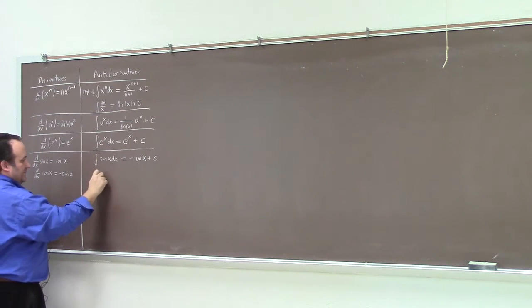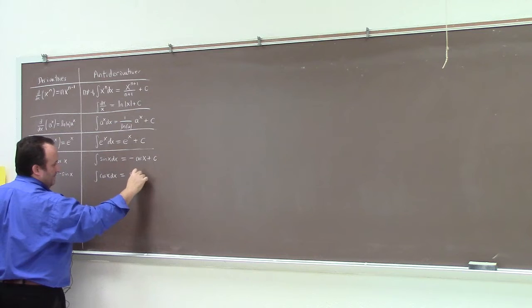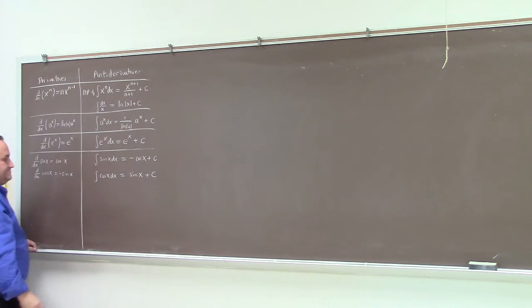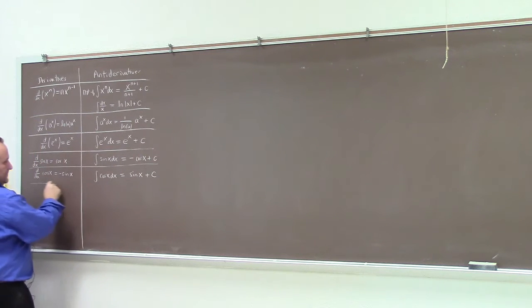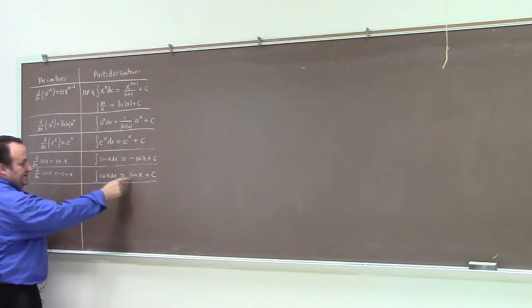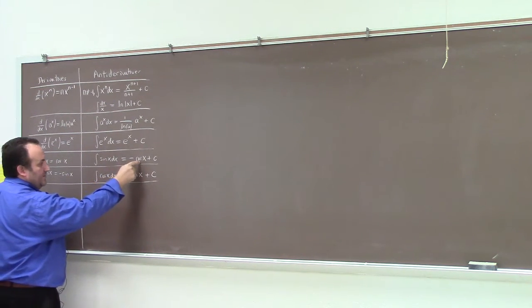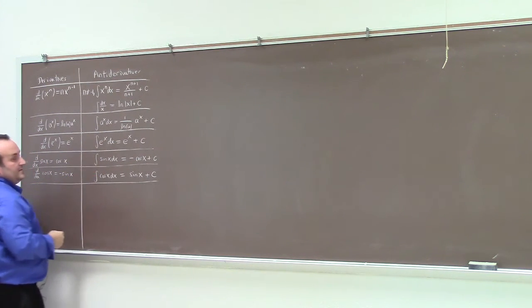The integral of cosine x dx is sine of x plus a constant, right? See, these are different, right? They're related, of course. Every one of these integration rules, if you differentiate the answer, you should get back to the integrand, right? Derivative of sine is cosine. Derivative of minus cosine is sine. Derivative of e to the x is e to the x, all right?